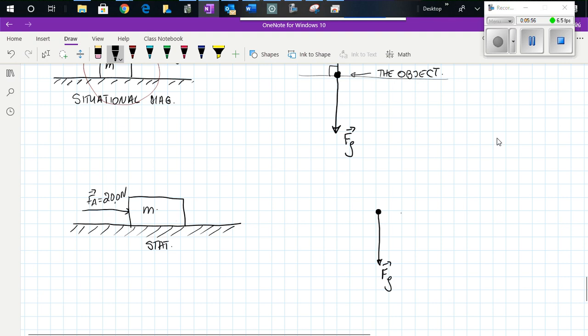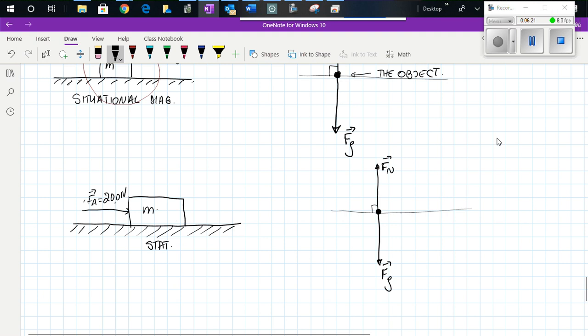On physics 20, this is what you will know as the universal force. And then again, since the object is on a surface, we will have a force normal that is perpendicular to the surface. Perpendicular again means 90 degrees.